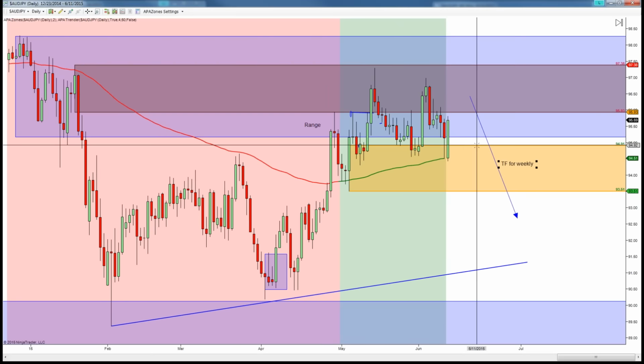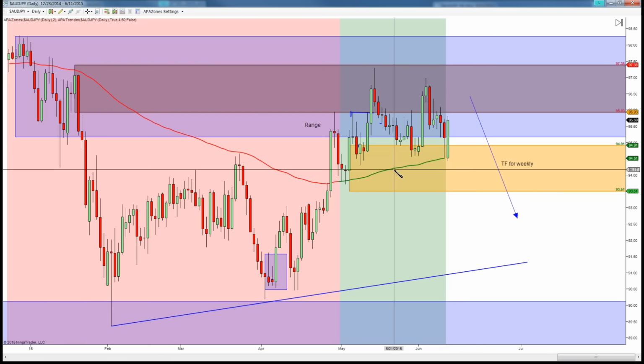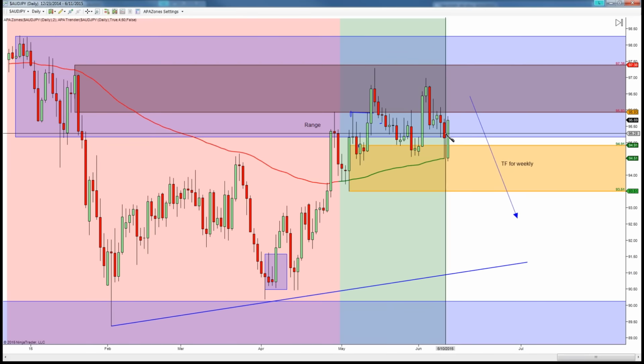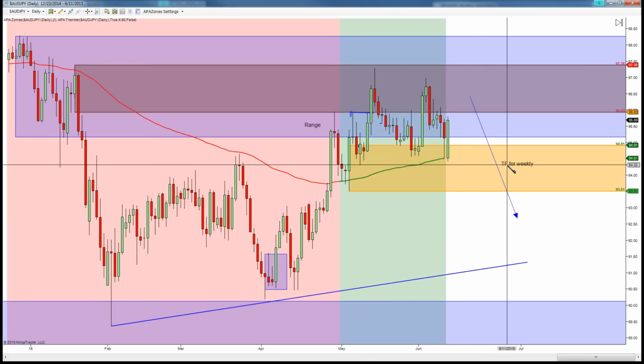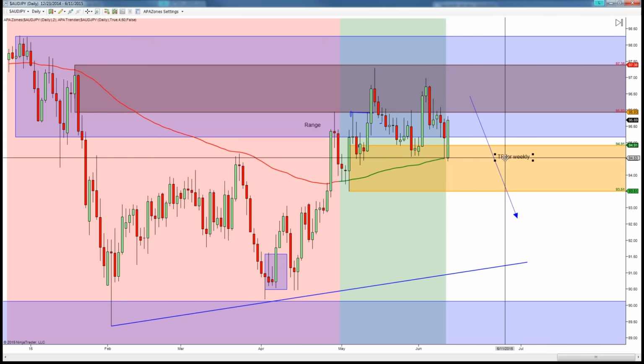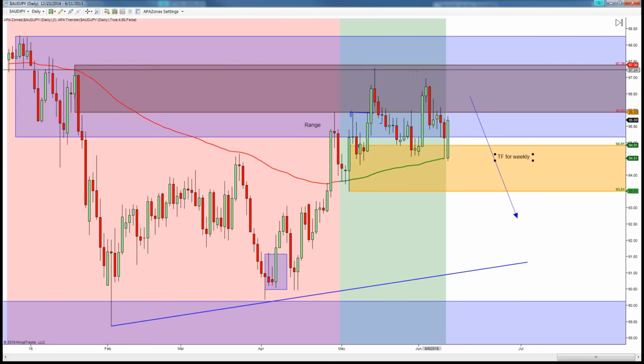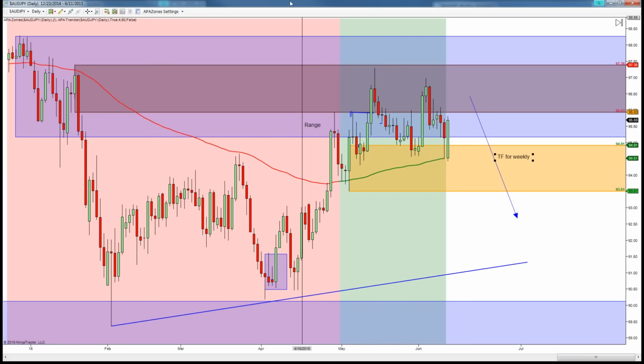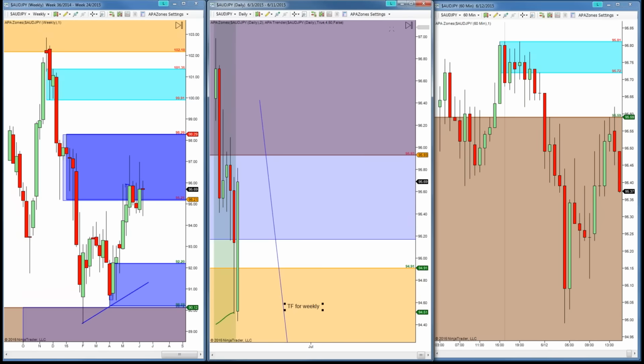But our trending and our trender and things that we see here are really starting to point more towards the upside as far as the context, but it's really hard to tell. So I think I'm just going to leave TF weekly to the downside if we're up in this area here, and we will see how this market plays out.